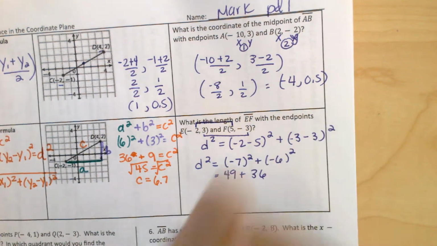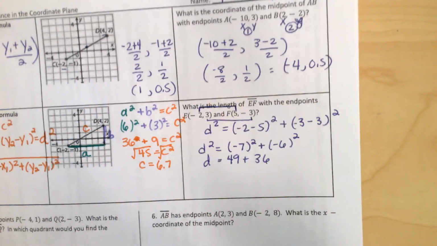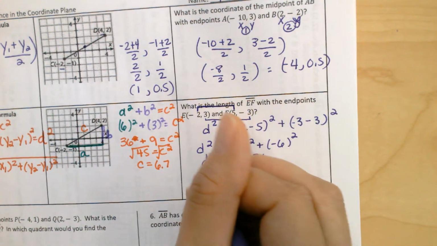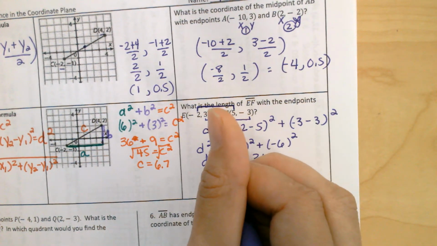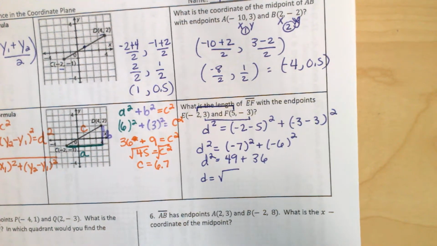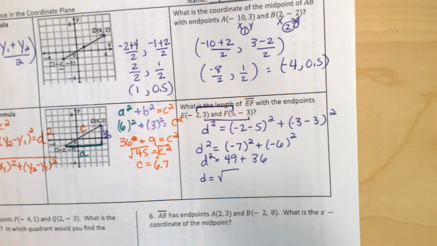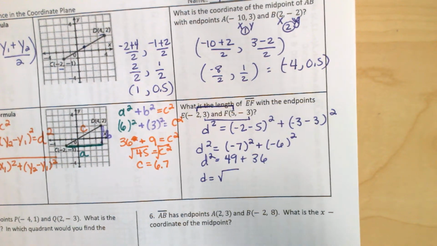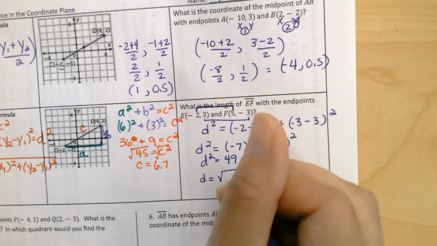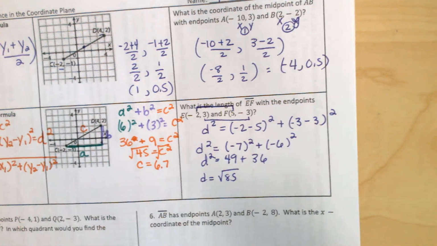Add them, and then you have to square root them. What's 49 plus 36? And then square root that. I'm doing it in my calculator as well.